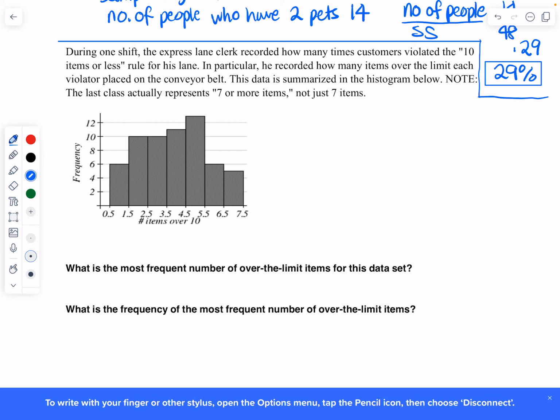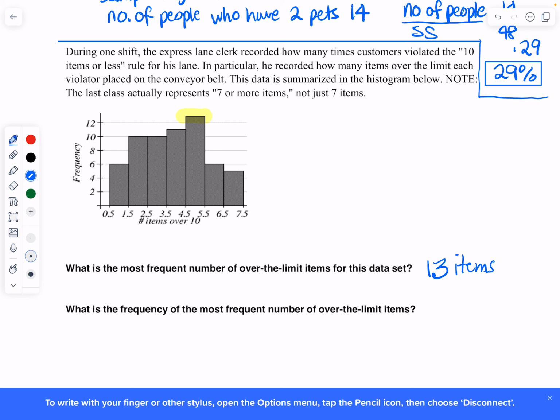So if we look at it, when they're asking most frequent, we're looking for the highest number. So if I look at that, I'm looking at the tallest one, which is that 4.5 to 5.5 or 5 items. So that's like, I'm guessing 13 because it's over 12, but it's not quite hitting 14. So we're going to say that's 13. Okay. 13 items.